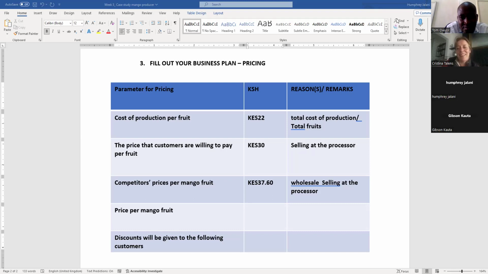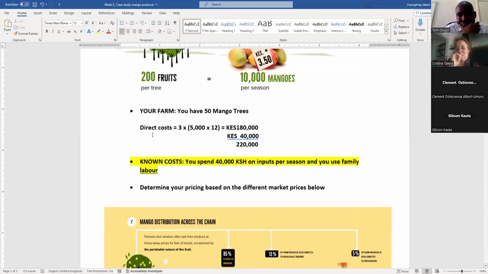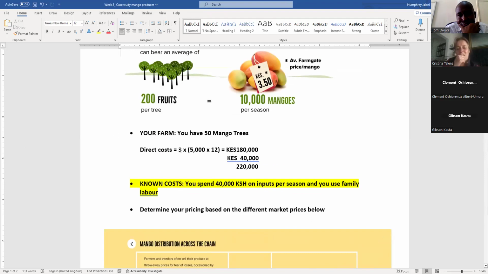Yes, the different figures are coming from where we factored in the family labor, which we estimated at 5 per month for each of the 3 members of the family working for 12 months caring for the mango.